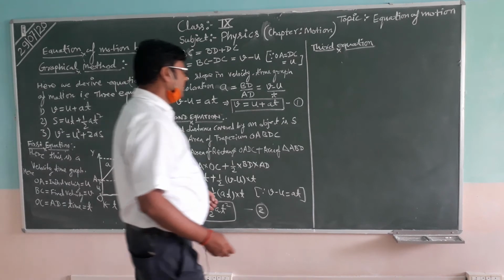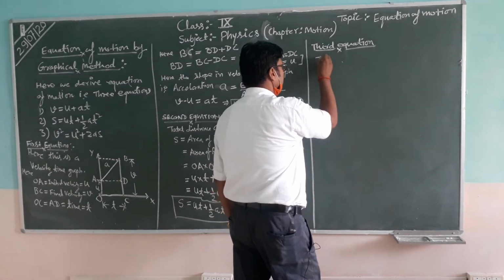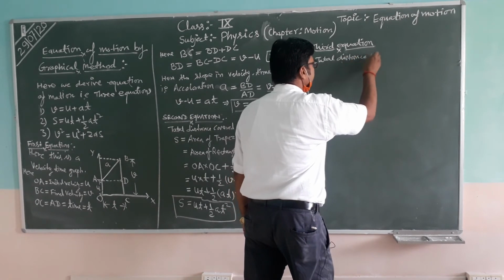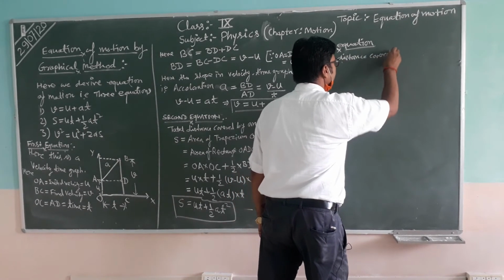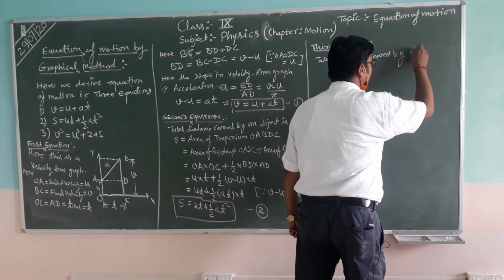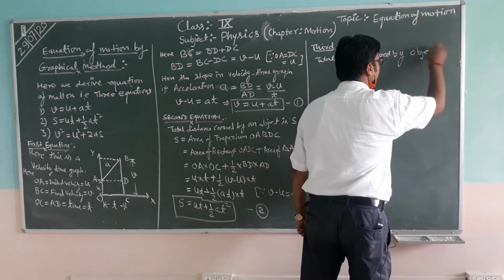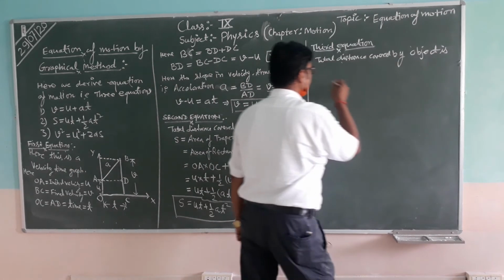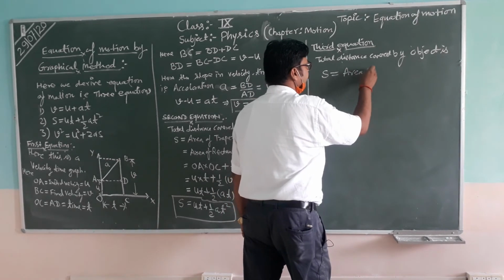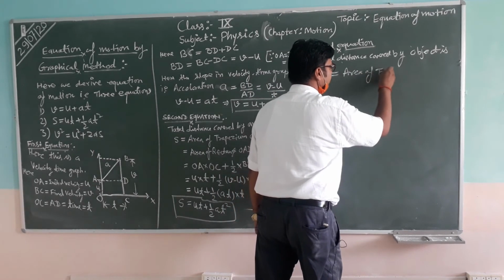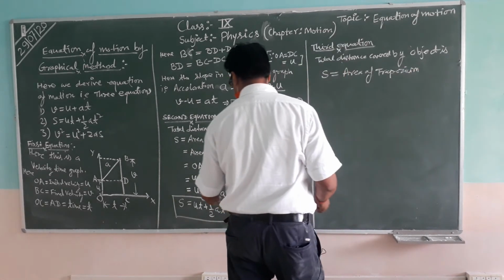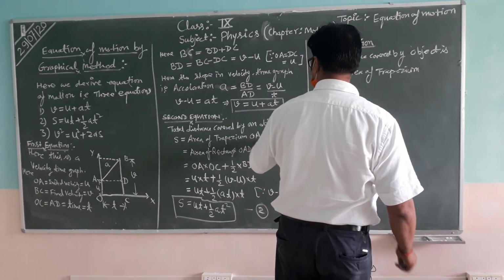In the third, again, the total distance covered by the object is S, and that is the area of the trapezium, and the name of the trapezium is OABDC.